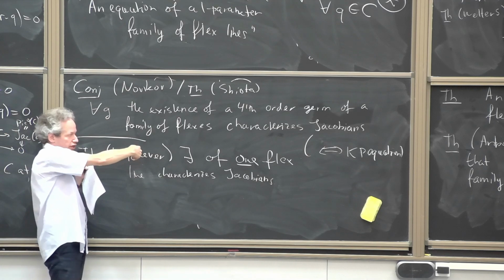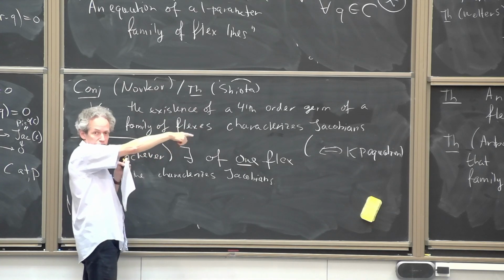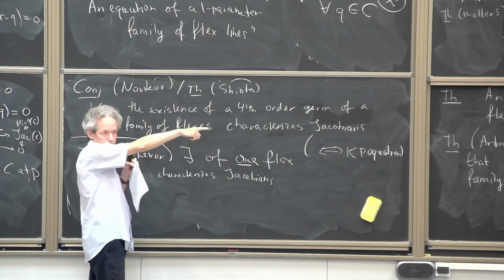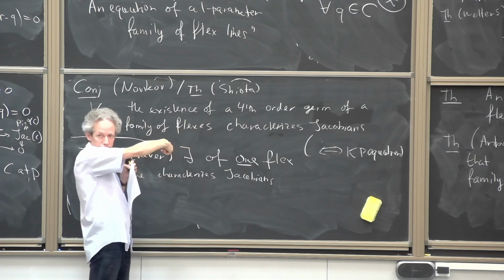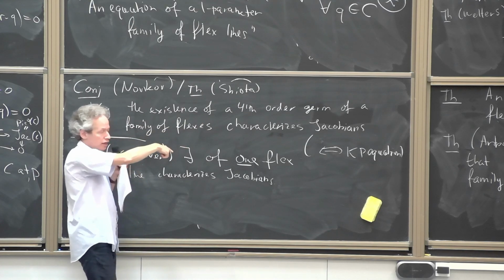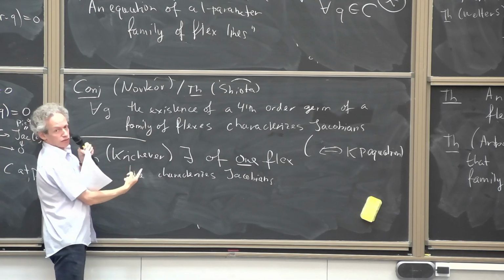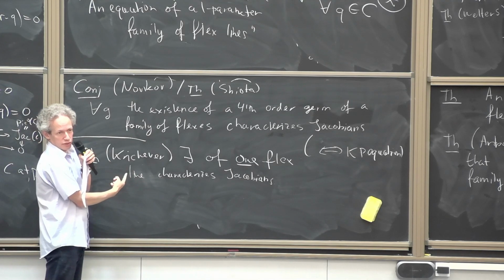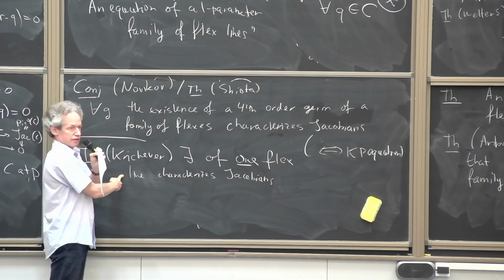So the way you would want to prove this, of course, is to prove that there exists a higher order jet, an infinite order jet, an actual curve of flex lines, and then you're done. But you don't know here where to start, right? In what I was doing here, I was conveniently taking limits. There is nothing to take a limit of if all I have is just one flex line. Okay. So this is the goal of tomorrow, and we're already well out of time.